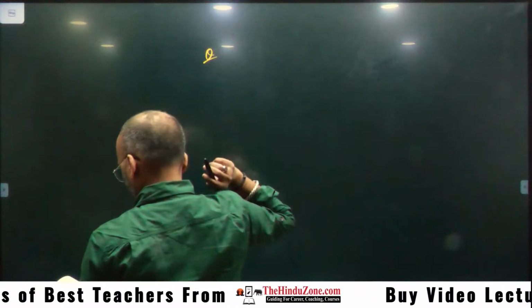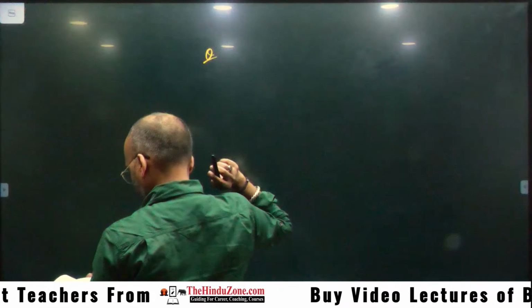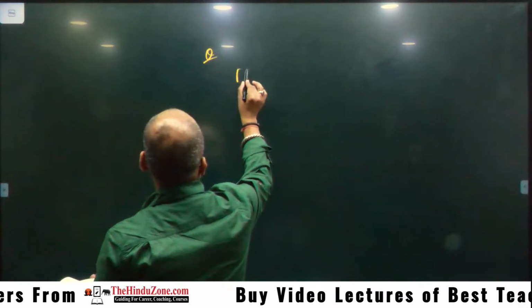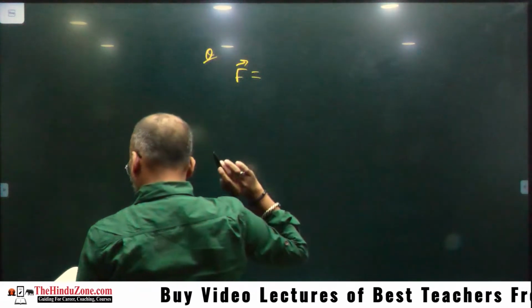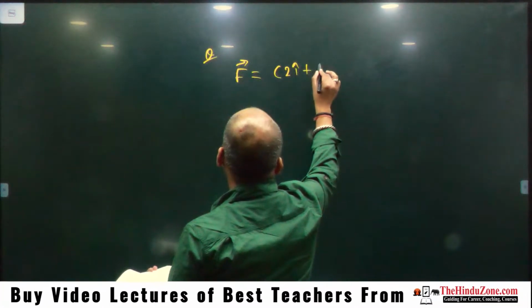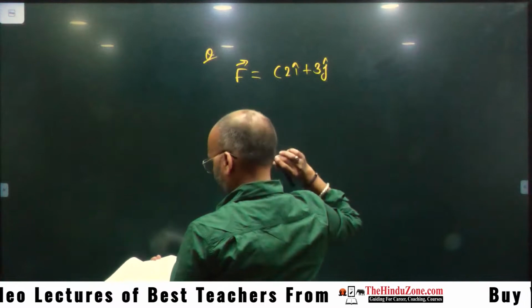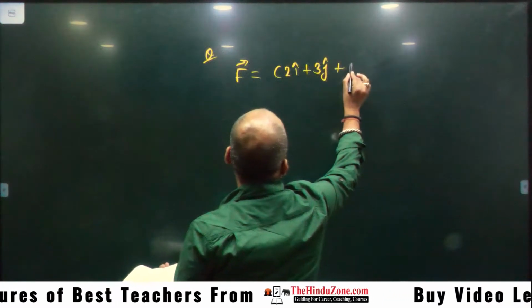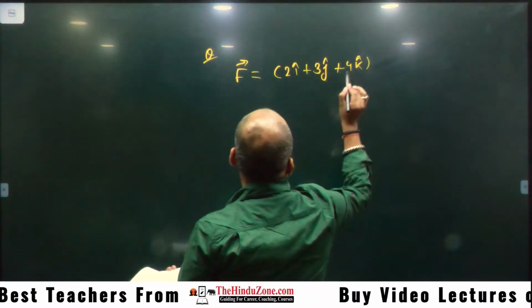So, force is given to you. Force is 2i plus 3j plus 4k.